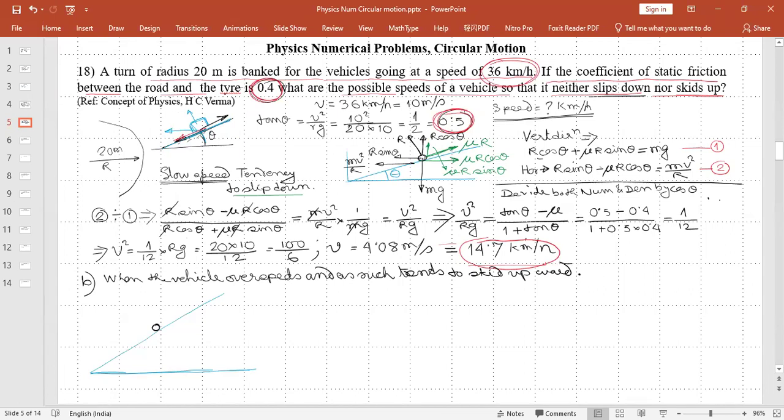Here, once again, this is mg, this is reaction R, this is R cos theta, this is R sin theta.